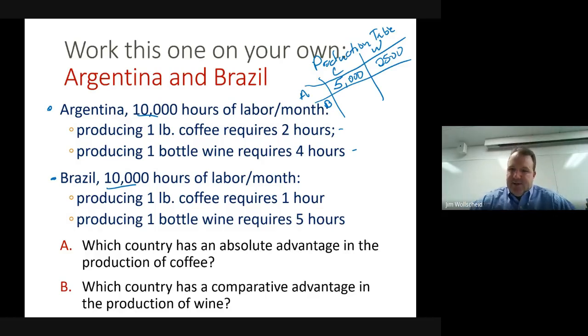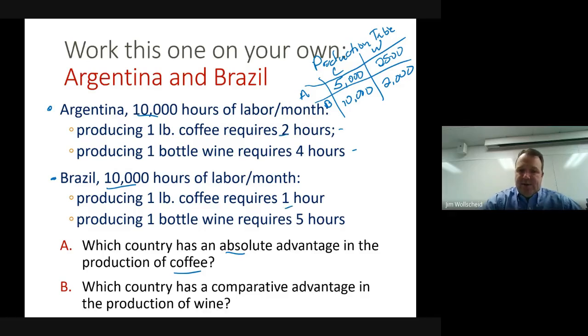For Brazil, well, they're going to be a little more in coffee and a little less in wine. So the question we have first is, who has the absolute advantage in coffee? Well, we can do it through two ways. We can do it by looking at labor hours.